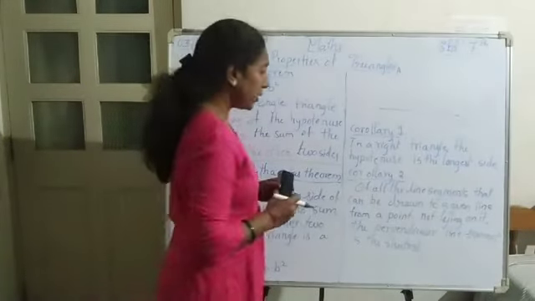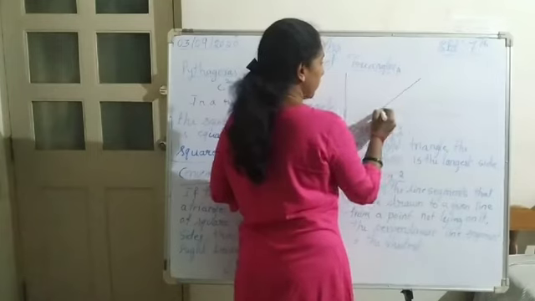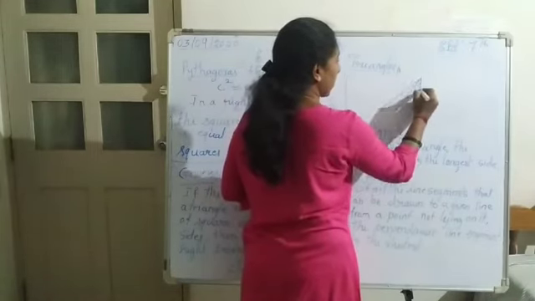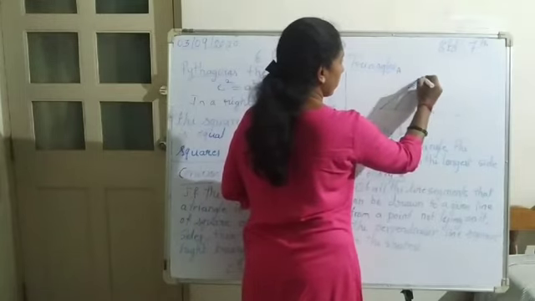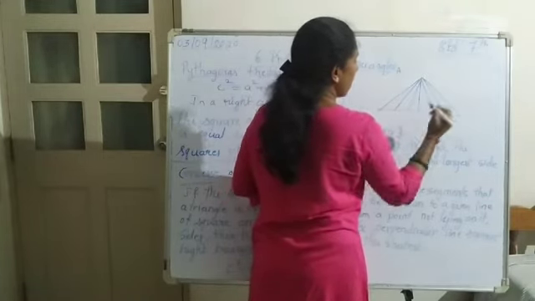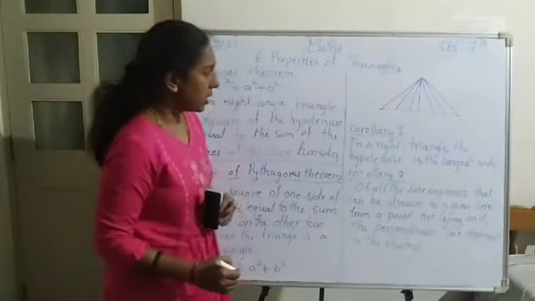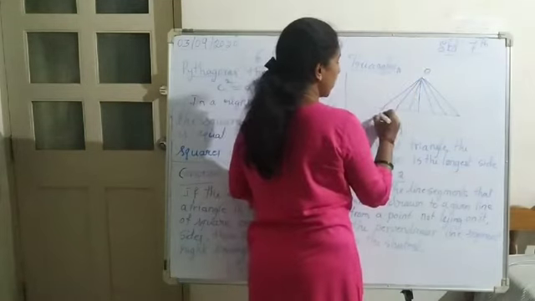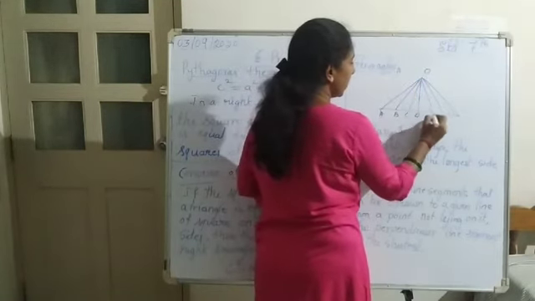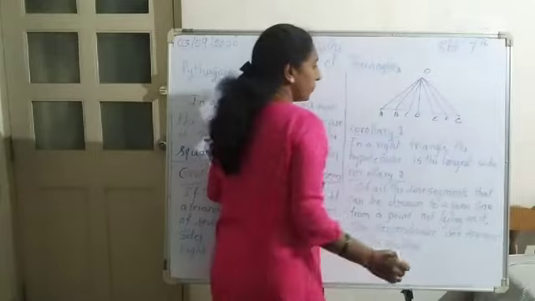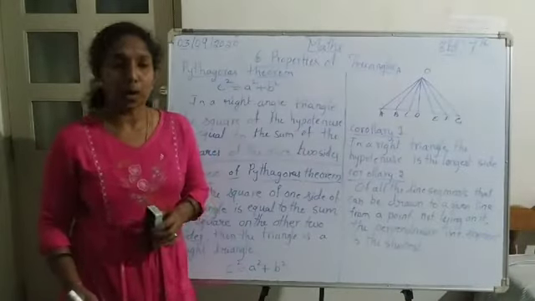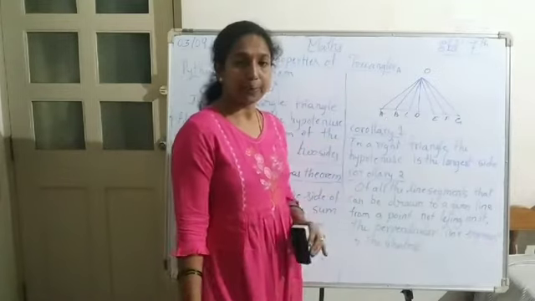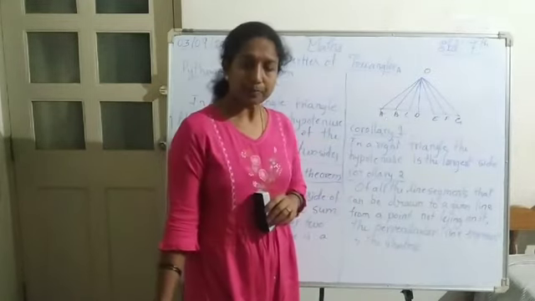If I draw lines from here, I will call the point O, and name the joining points A, B, C, D, E, F, G.